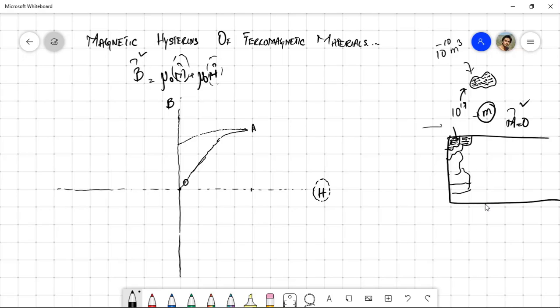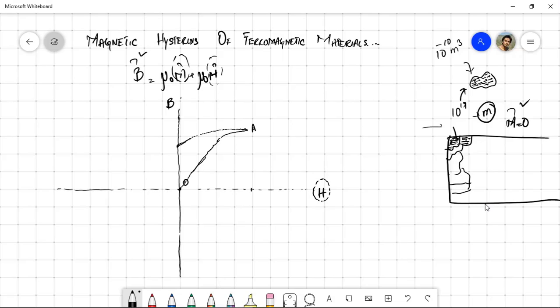Even when the value of H is 0, there will be some kind of magnetic flux still present in that material. That magnetic flux is due to this M, due to those aligned magnetic domains which have not randomized yet.